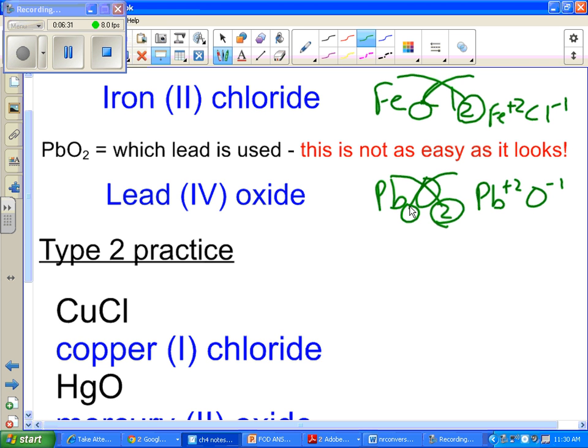Oxygen only has 1 charge, but that charge is not -1. Okay? So this means that if there's a 2 down here, this formula had to have been doubled. So it was Pb plus 4, O minus 2 because oxygen's charge is -2. And that's where the 4 is coming from.